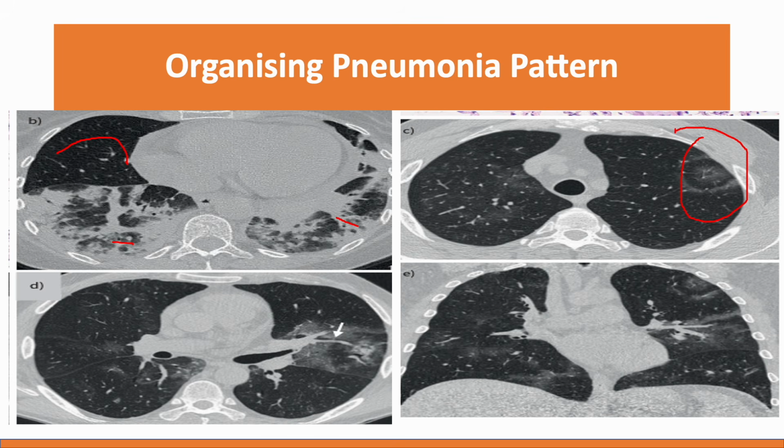So it could manifest as reverse halo, it could manifest as consolidation with ground glass with lobular sparing, and it could also manifest with vascular sparing, like in this case. The vessel is very clearly seen in that area of ground glass, and in that area, typically you are seeing it very prominently. So organizing pneumonia pattern can manifest in various ways, but these are usually the typical classical presentations.